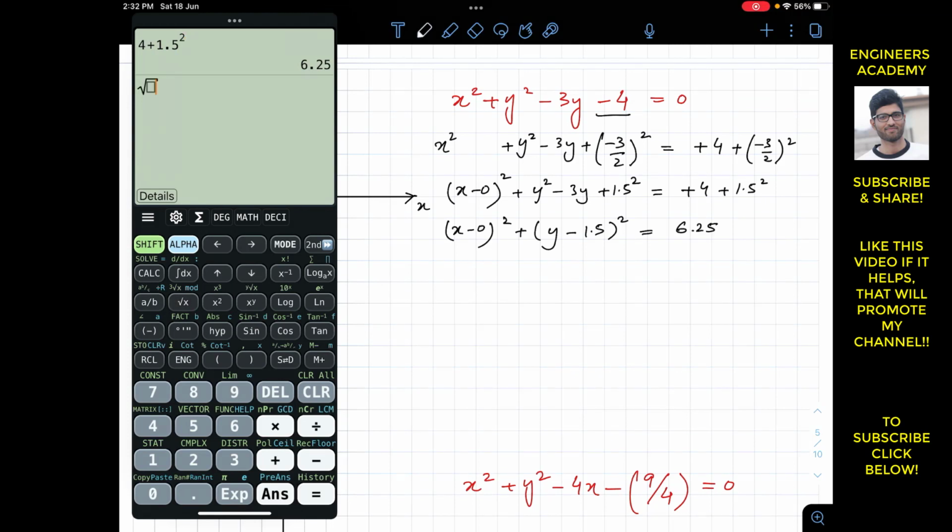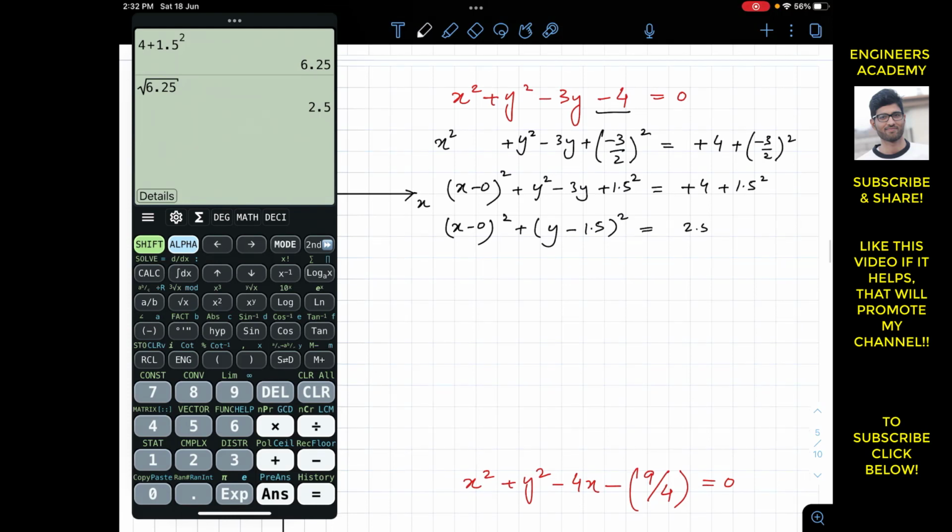And if I take the square root of 6.25, this will give us 2.5. So we can write that this is 2.5².